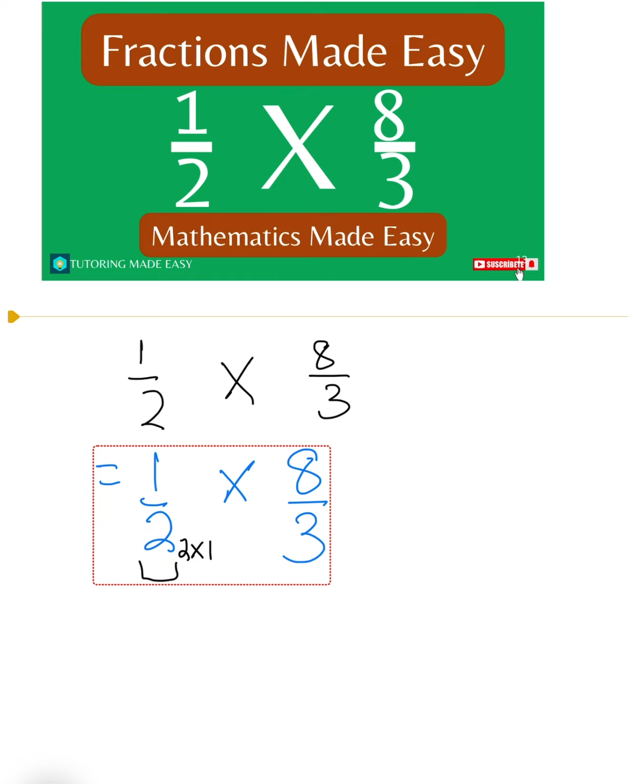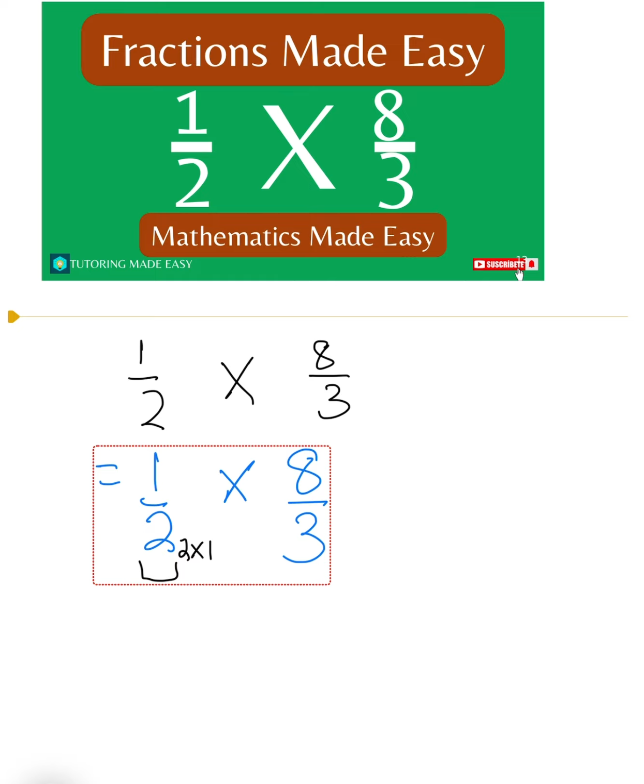If we take the number 1, for instance, we cannot take the number 8. Sorry, if we take the number 8, we cannot take the number 1. So make sure you get this clearly. When you pick a number in the denominator, it means you have to neglect the other denominator. If you take a number in the numerator, you have to neglect the other numerator.